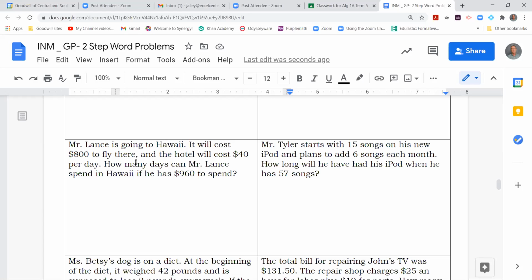Okay, Mr. Lance is going to Hawaii. It will cost $800 to fly, and the hotel will cost $40 per day. How many days can Mr. Lance spend in Hawaii if he has $960 to spend? Two-step equation, right? Variable plus a constant is going to give us a total.